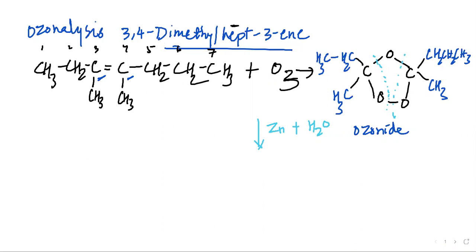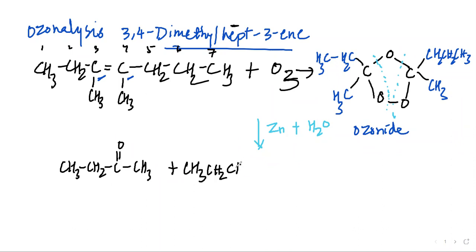Due to this, please mind well that you get the first compound, that is CH3, CH2, C double bond O, CH3, plus what you get next is CH3, CH2, CH2, C double bond O, CH3.